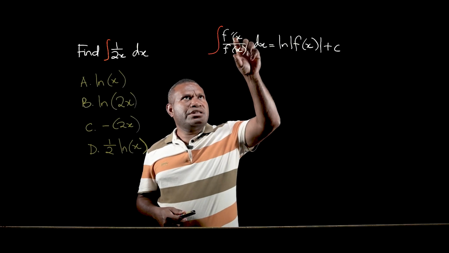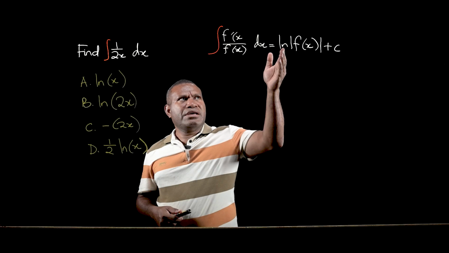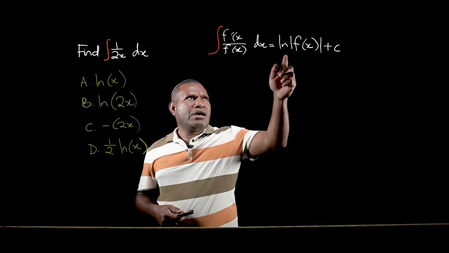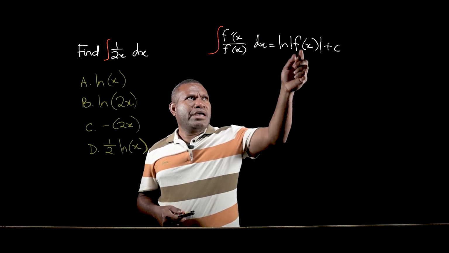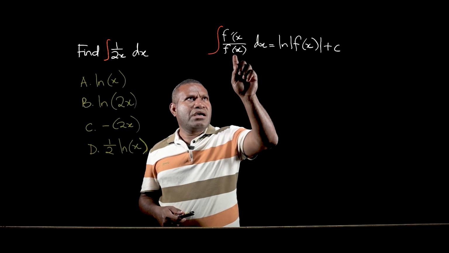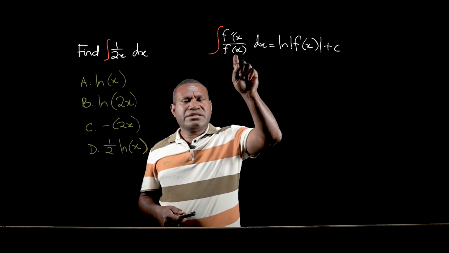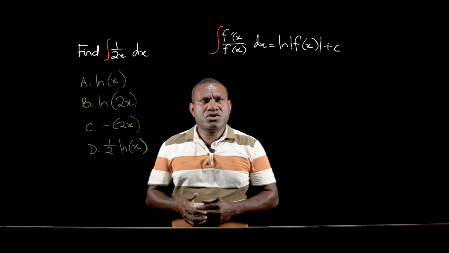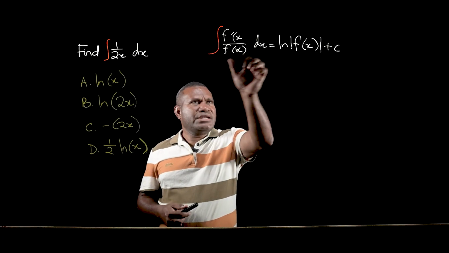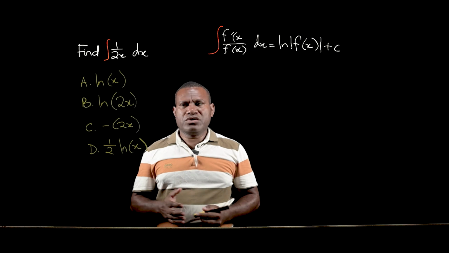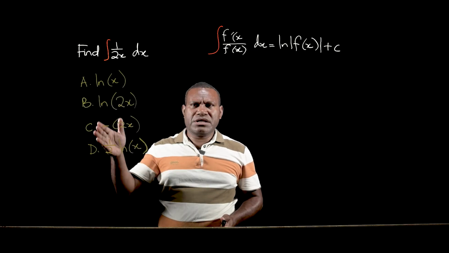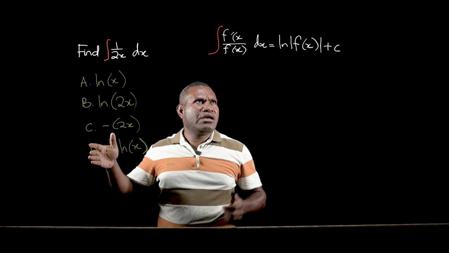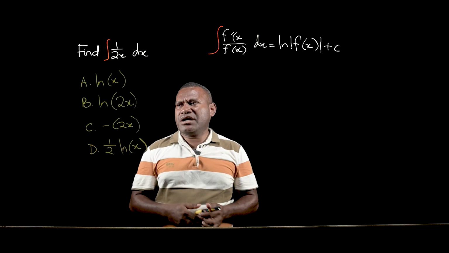Then if you integrate, you will end up with the natural log of f of x, which is the function at the bottom, the denominator, plus the constant of integration. Having this standard result, we are going to test out the choices by it.